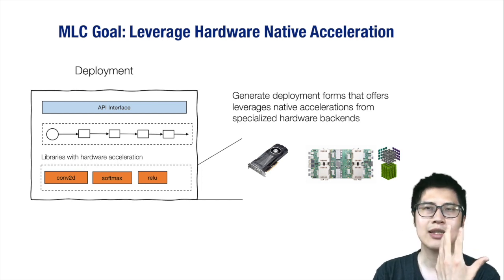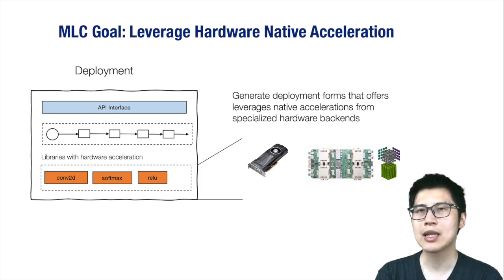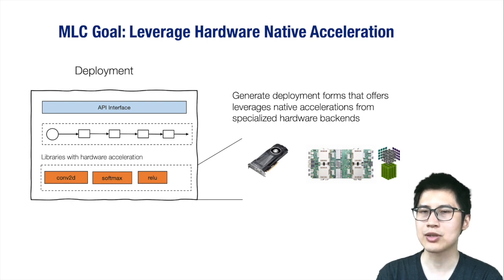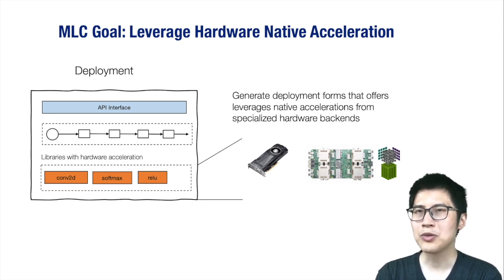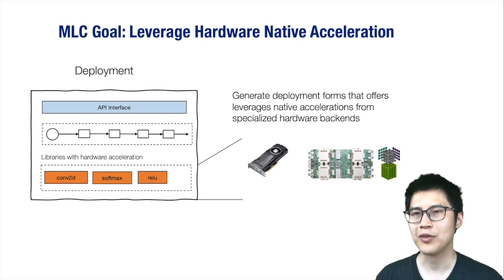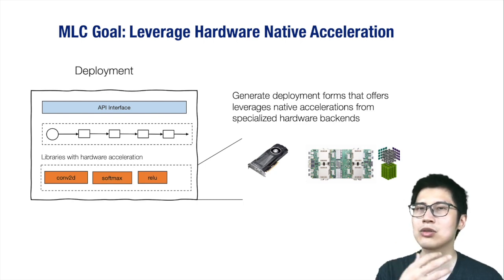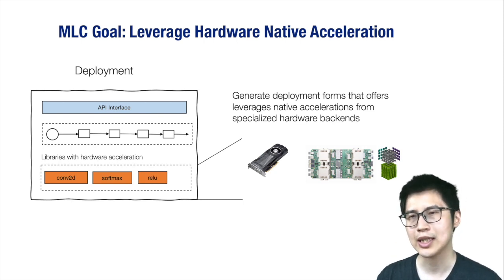In those cases, we need to be able to generate deployables that really leverage those native hardware backends when possible. By doing that, we will be able to get a solution that is end-to-end, but also takes the best use of underlying hardware. So that's usually the second goal of machine learning compilation.